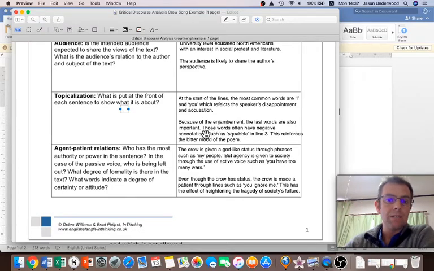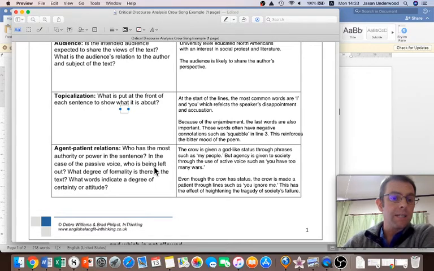And so the last words often are given importance. And what I noticed with a lot of the words, they have negative connotations. So the example I had here was squabble in line 3, which reinforces the bitter mood of the poem. So you can see we're making connections between these things such as topicalization and other important literary concepts such as mood.